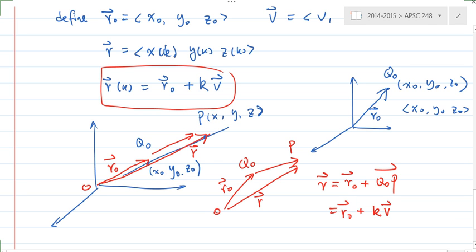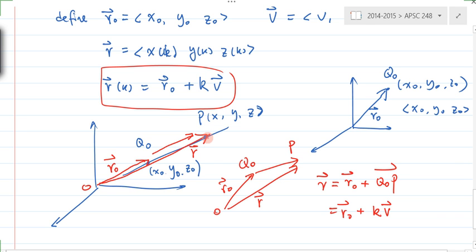Any other confusions here? I have a question. Yeah? So the vector Q naught P is along the line, and the vector R is not. That's correct? Vector Q naught P is always on the line, since P is always on the line you're looking for. So vector R is not parallel to the line?